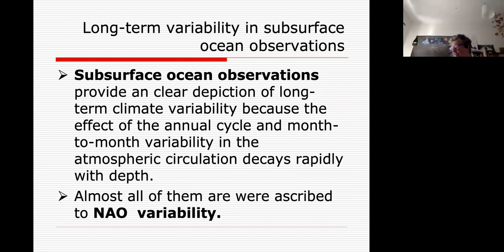And we saw that in the explanation for the tripole pattern persistence, the importance of the memory of the system in the reemergence process, with the water masses formed with anomalous characteristics from the winter before.